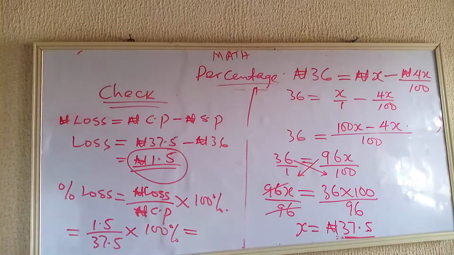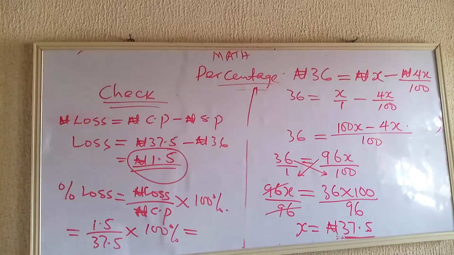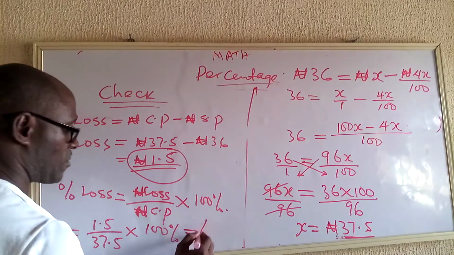Now do your mathematics. 1.5 times 100 divided by 37.5. Yes, 4. We got 4.